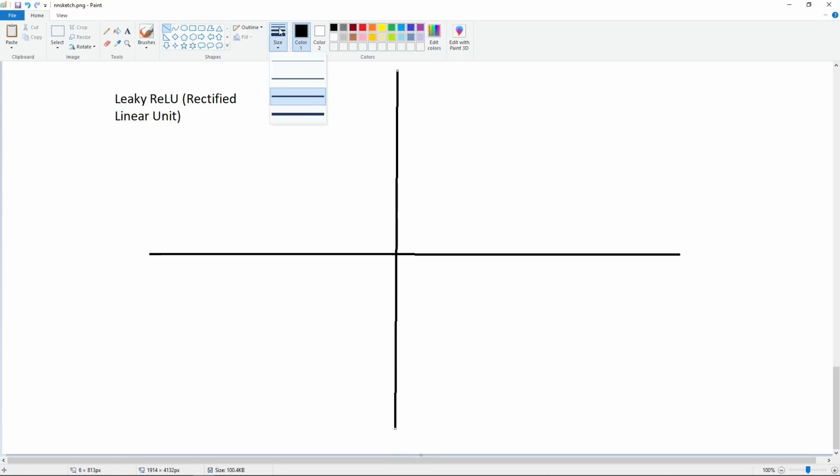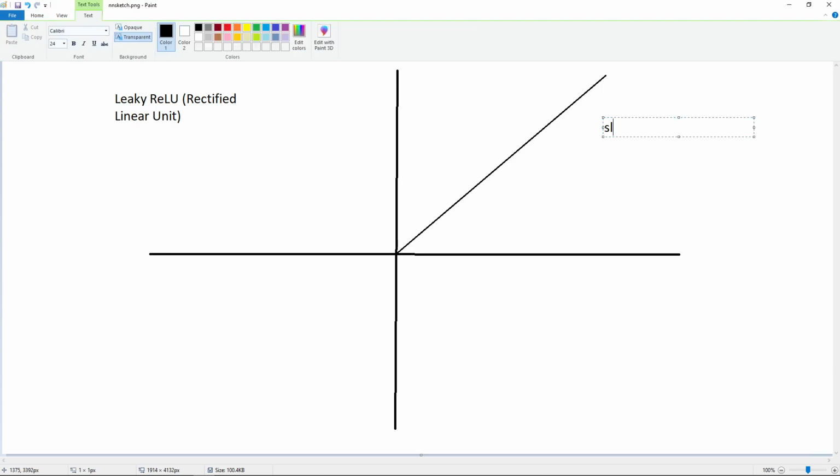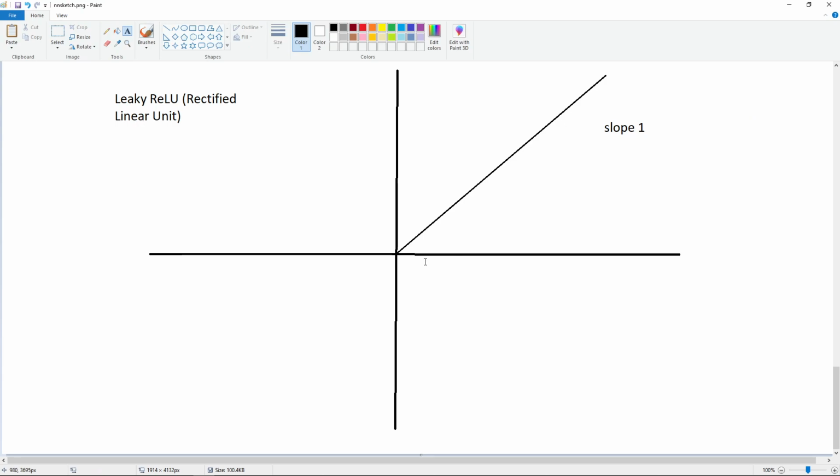And then the Leaky ReLU, I keep forgetting how this works. So the Leaky ReLU on the right half looks like this. So this is a line with slope 1. And on the left, it's still a straight line, but it's very close to the axis.